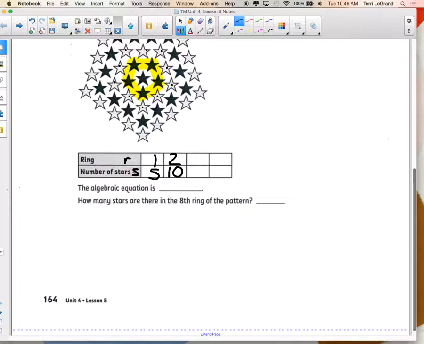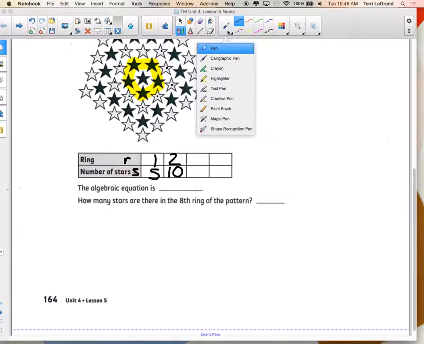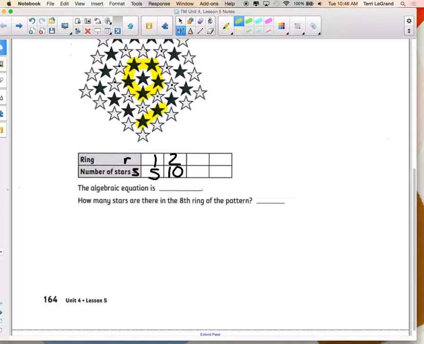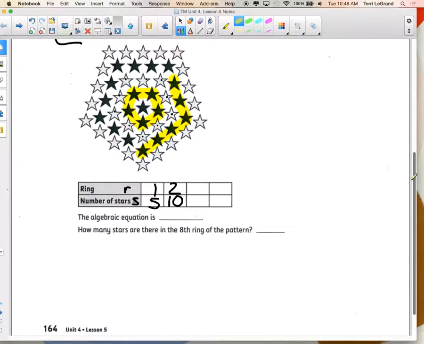Okay, the next ring, let's highlight that one again. Let's highlight the third ring so that we can clearly follow it around. And then cover up your highlighter and count the number of stars in that ring.